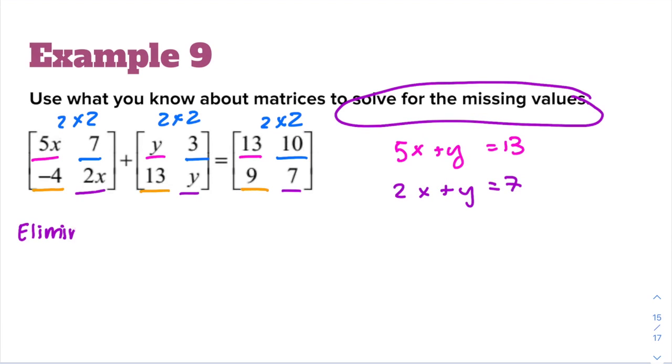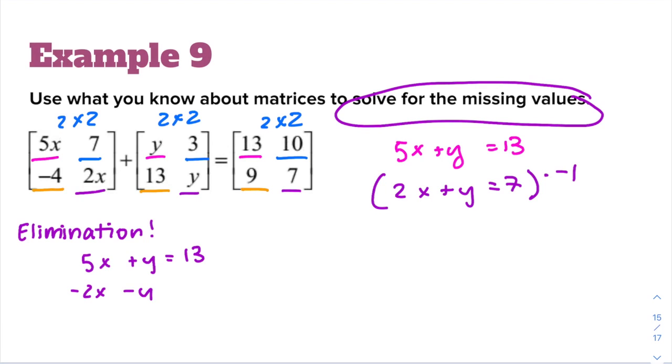And I'm going to get opposite coefficients by multiplying that second equation by -1. So I get 5x plus y equals 13, -2x minus y equals -7. And then I can do elimination by adding down. So I get that 3x equals 6.